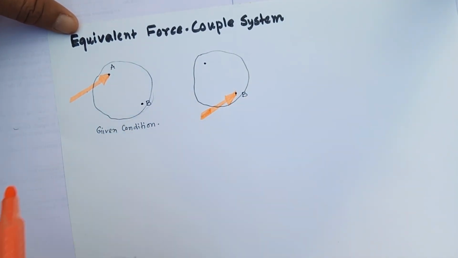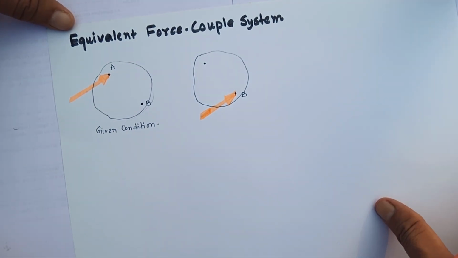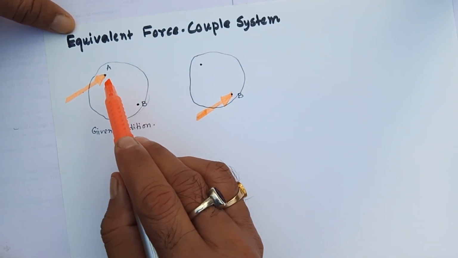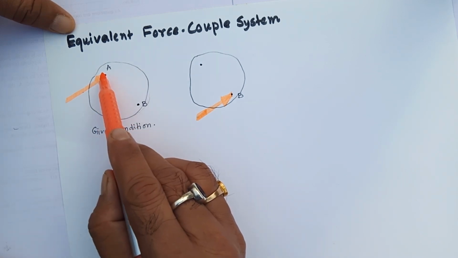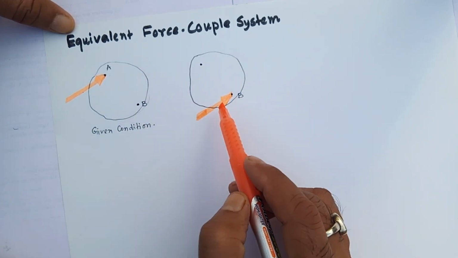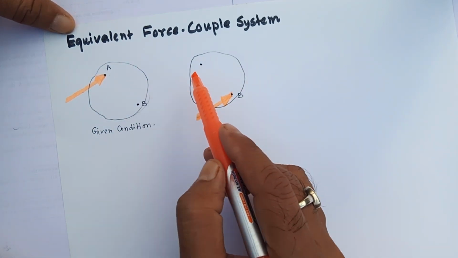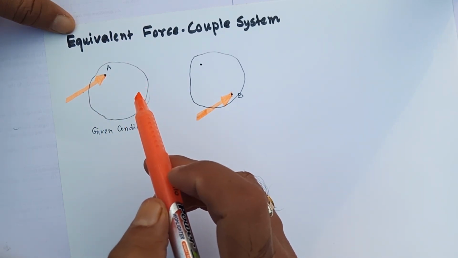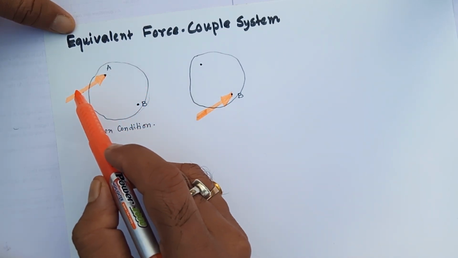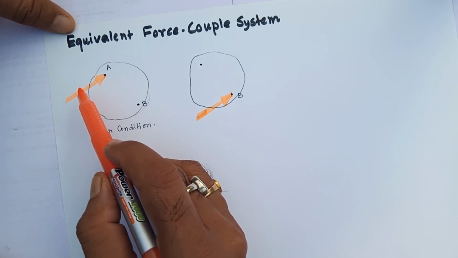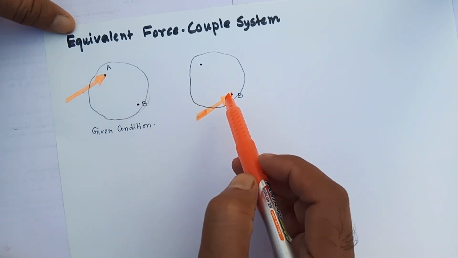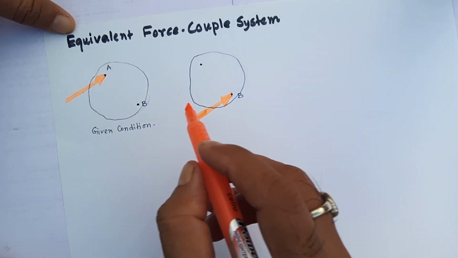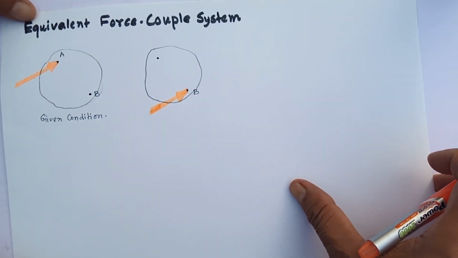Same force acting through this point, but we can easily see that they are not equivalent. If a force is acting at this point and the same force acting at this point, the effects will be different. But what adjustment can I do so that a force acting at this point may be transferred to act at a different point but the effects are the same, so that is to be done.